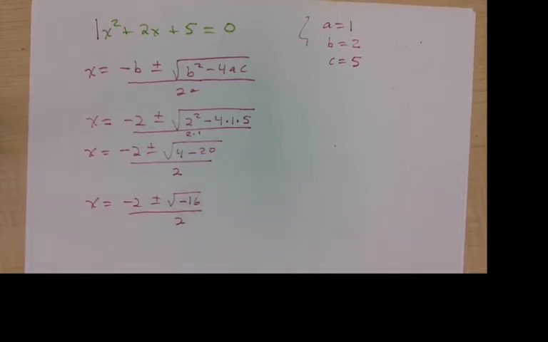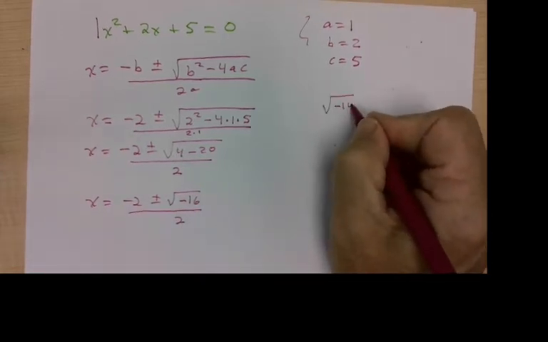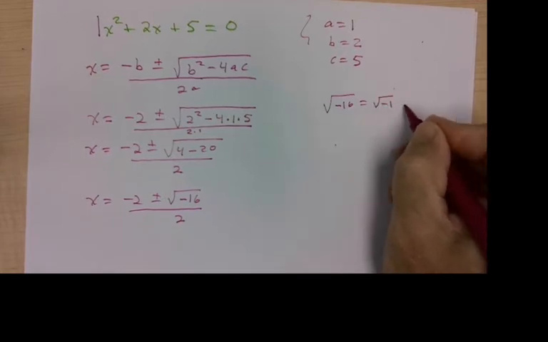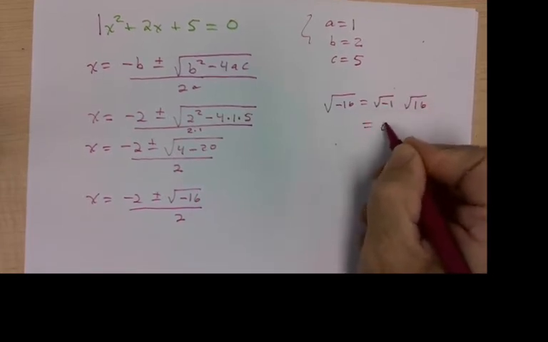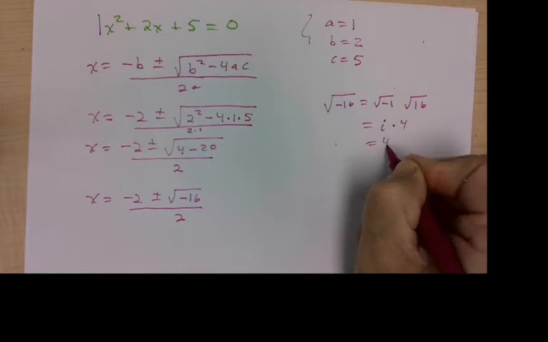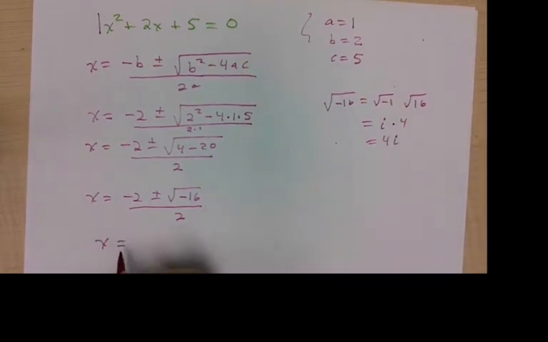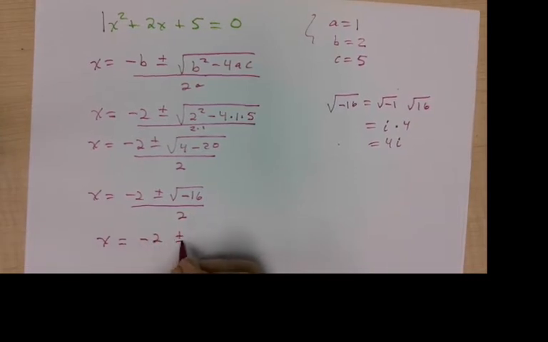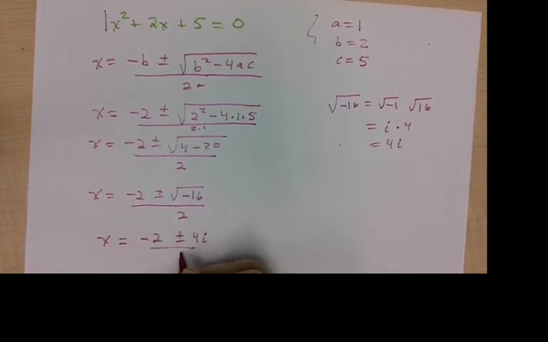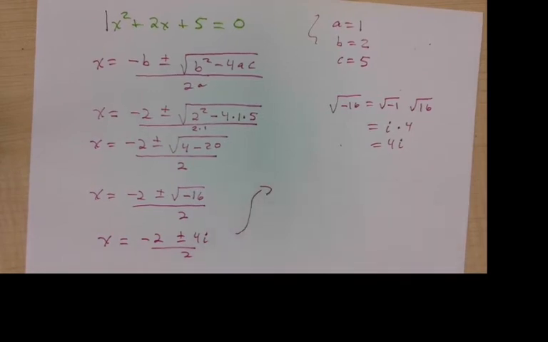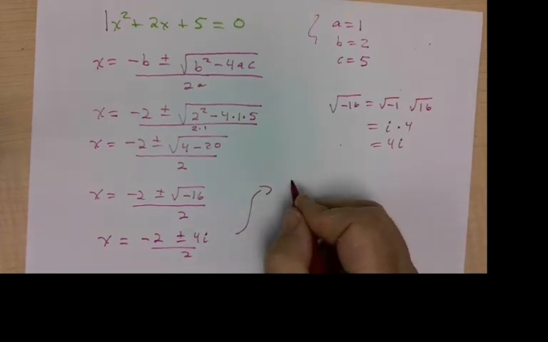Now what about the square root of negative 16? Well, that's the square root of negative 1 times the square root of 16. That's i times 4, or 4i. So x is negative 2 plus or minus 4i over 2, which I should break down into two fractions.